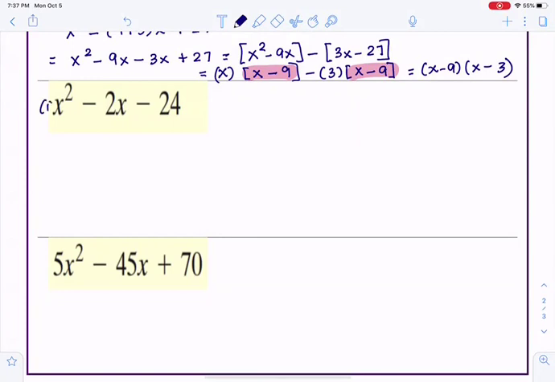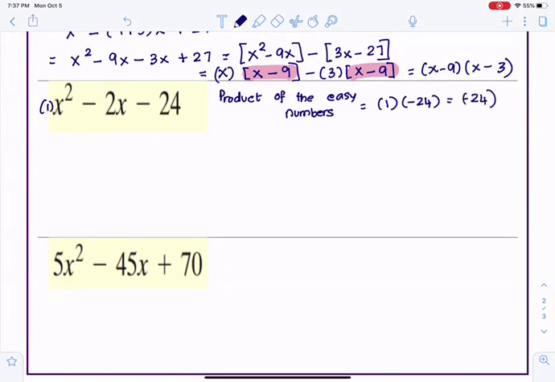The first coefficient is 1, the last one is negative 24. So the product of the two easy numbers that we're going to pick must equal 1 multiplied by the last coefficient, negative 24. So I need negative 24.